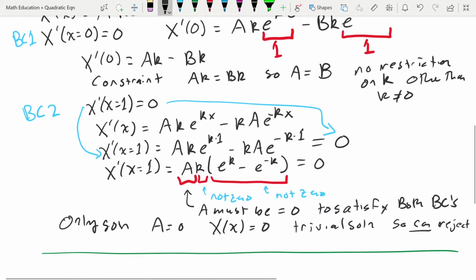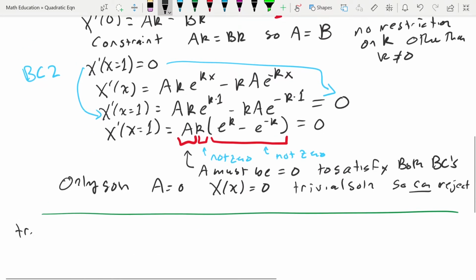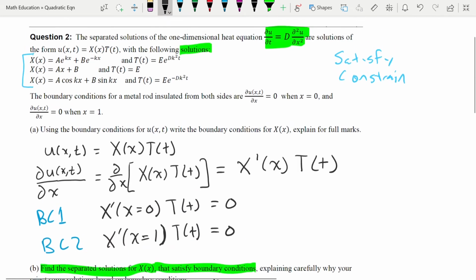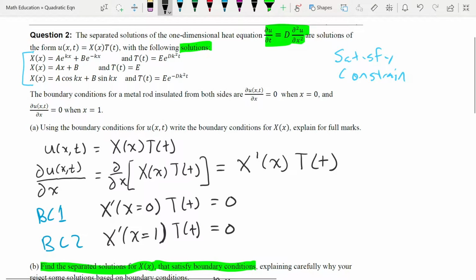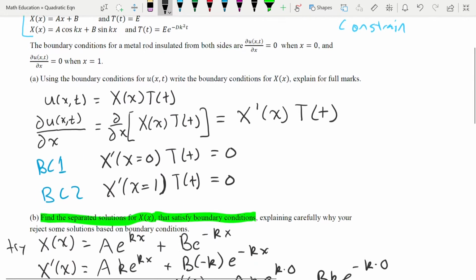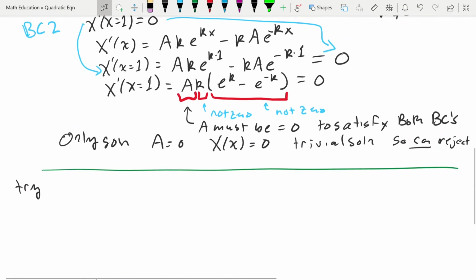Now, let's try our second option here. The linear solution, ax plus b. So again, we're going to state that X of x is ax plus b, but what we're actually interested in is the derivative. So we're going to take the derivative of this linear equation, and that's just going to give us the constant a.